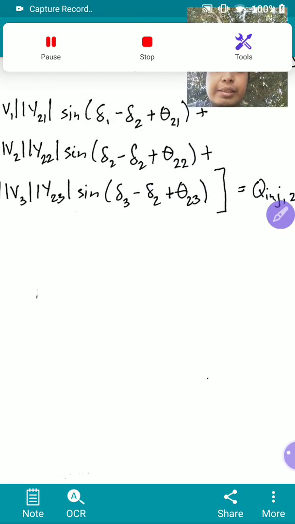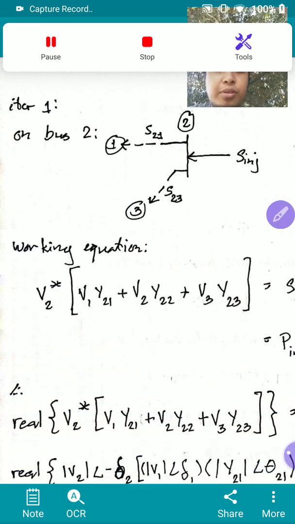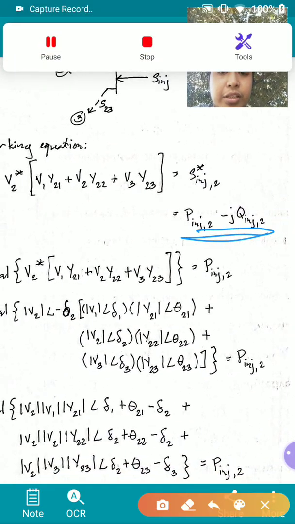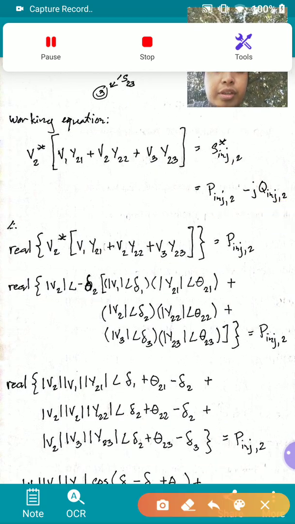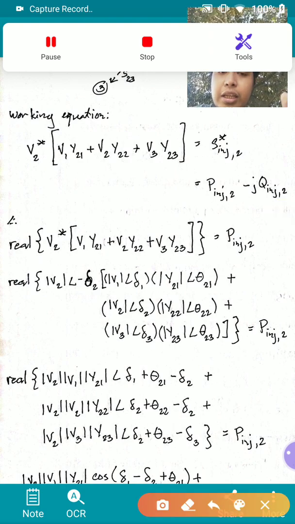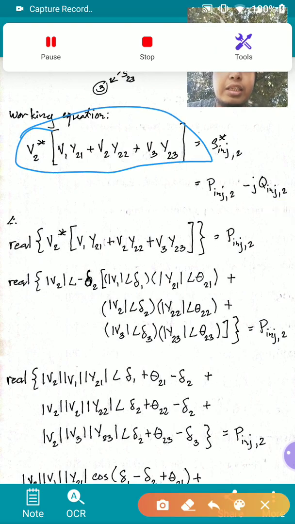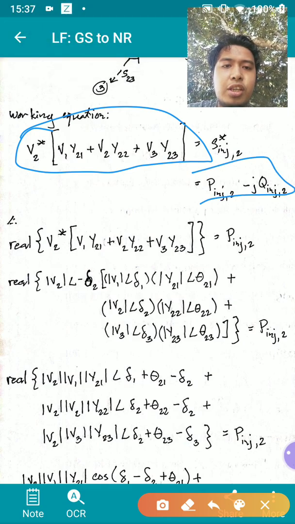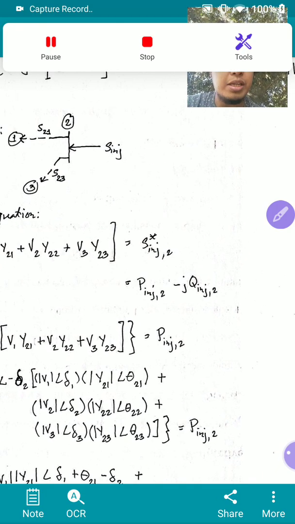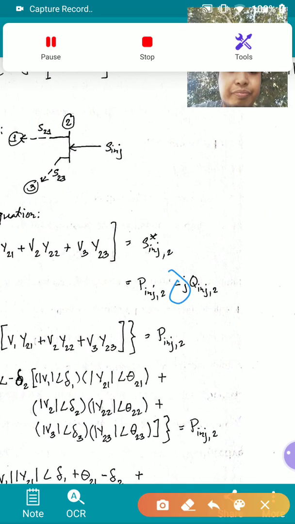Now you do the same for Q, but instead of the real component, it's the imaginary component. And also, since we are talking about V conjugate I and P minus JQ, Q is not equal to the imaginary but the negative imaginary because of this negative.